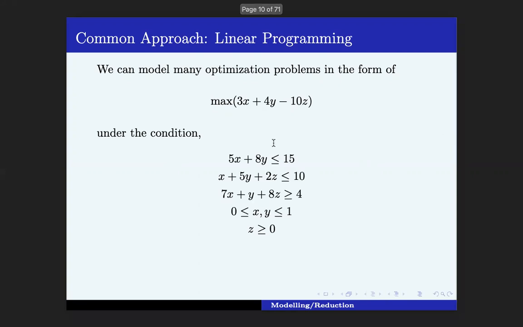Any constraints, as long as they are all linear. That's the only property, for example, 5x plus 8y is less than 15. They are all linear equations or inequalities. And this is called linear programming.